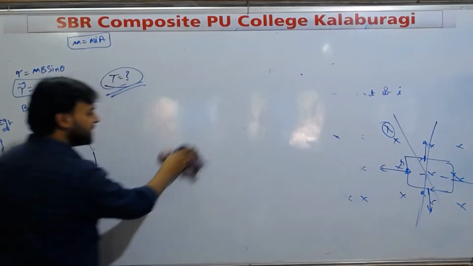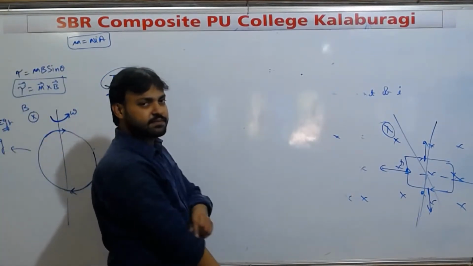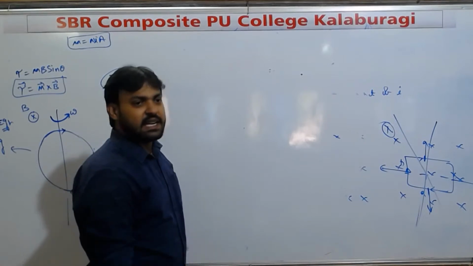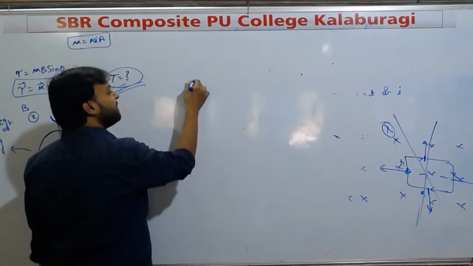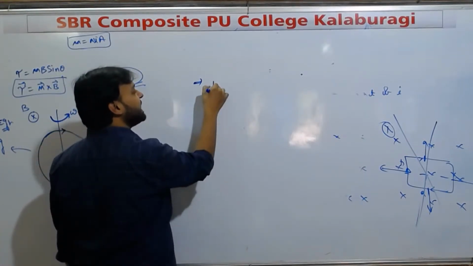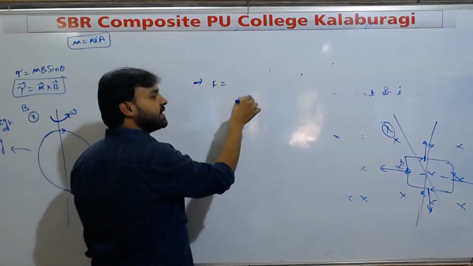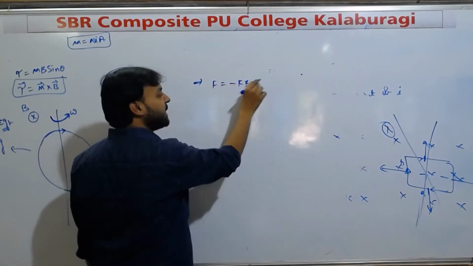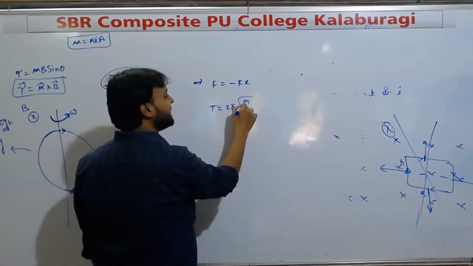Tell me the steps first. In linear, how to calculate, and in angular, how to calculate. In linear, whatever the things it might be, first you have to calculate the net force. After calculating net force, you have to resolve that net force in terms of F equals minus kx, and T equals 2 pi square root of m by k.